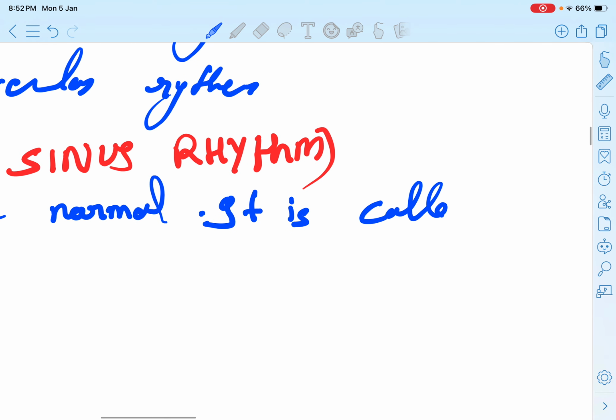Here to here is 0.04, and here to here 0.20. Here I will write all this. This is the P wave, this is Q. Wait a minute, it's my mistake, sorry.